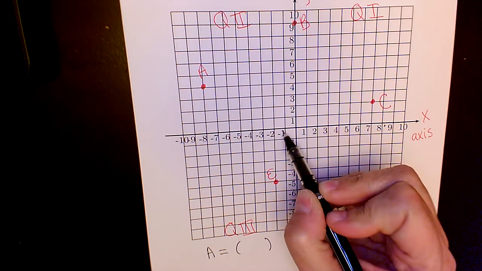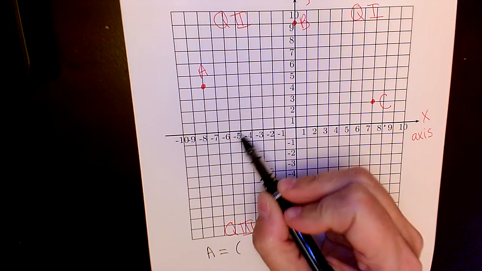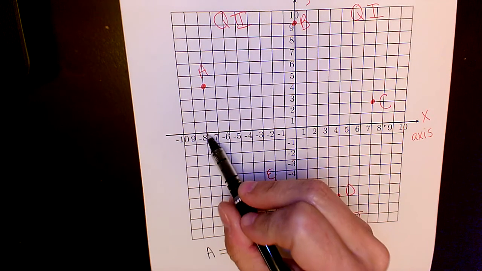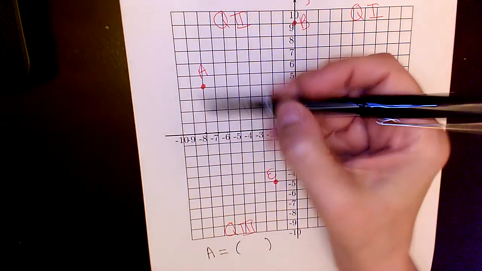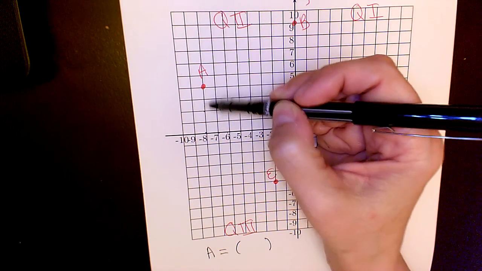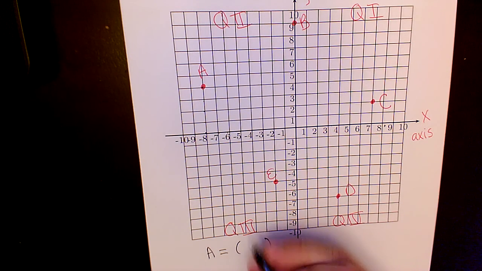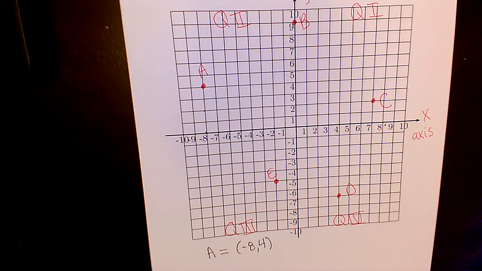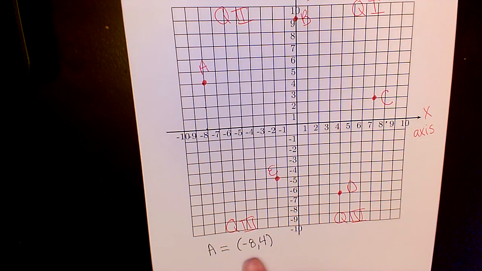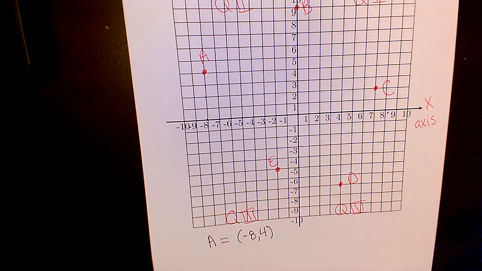So I'm going over to -8, and I'm going up 4. So my first point is (-8, 4). And they'll have a space for you to write that on the Hawks homework.